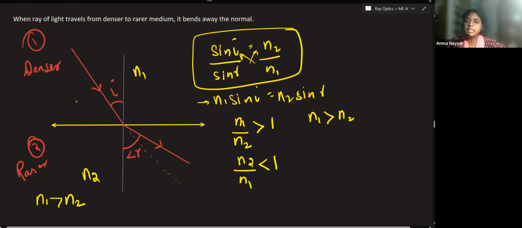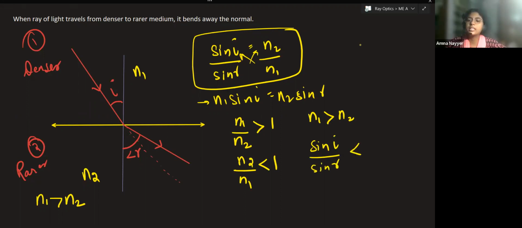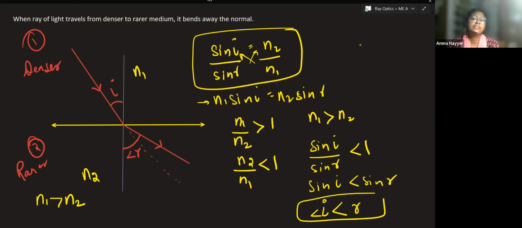So you can say sine i by sine r is less than 1, sine i is less than sine r, and from here you can say angle of incidence is less than angle of refraction. Fine, from here you can even notice the fact that angle of refraction is greater. Understood?